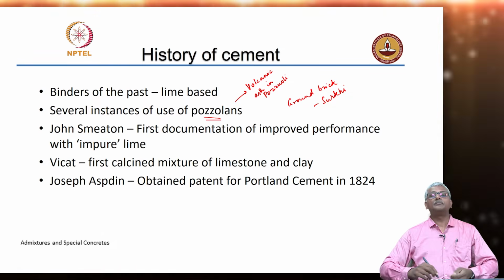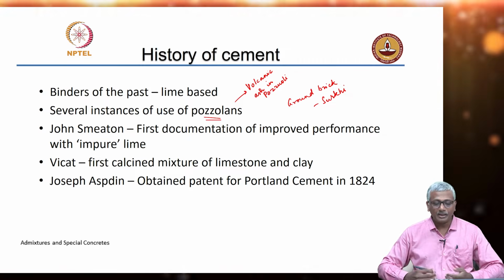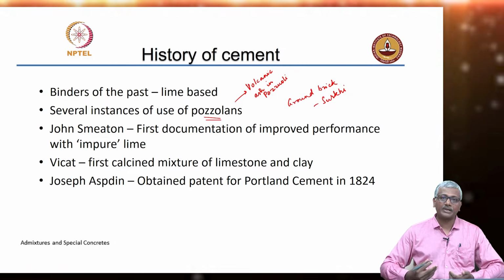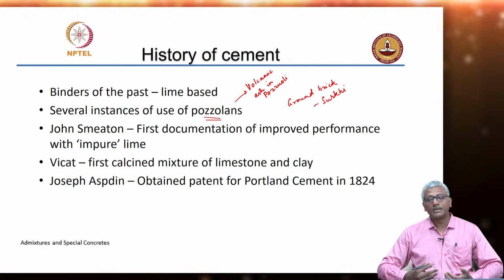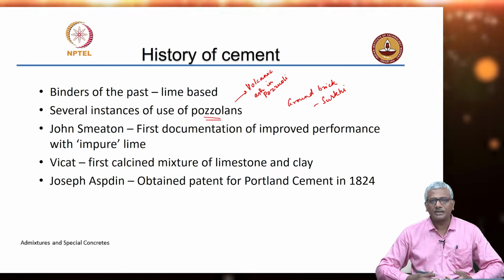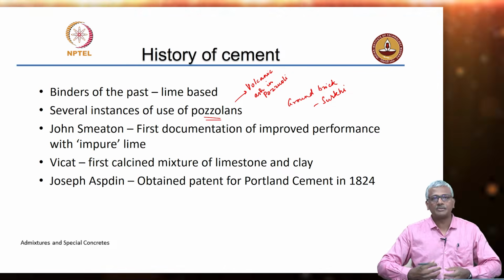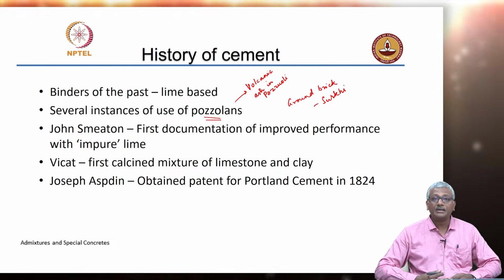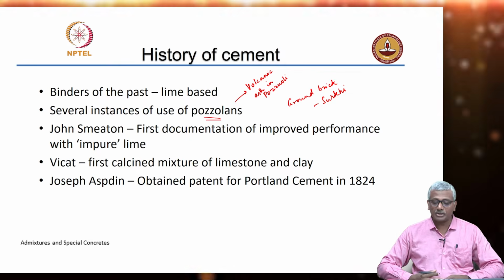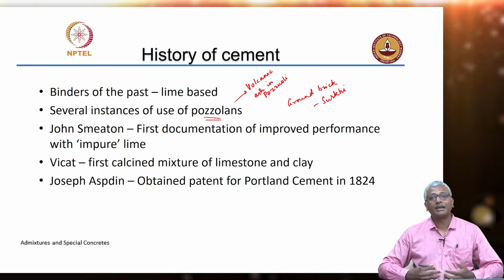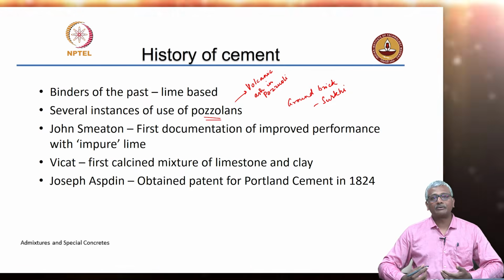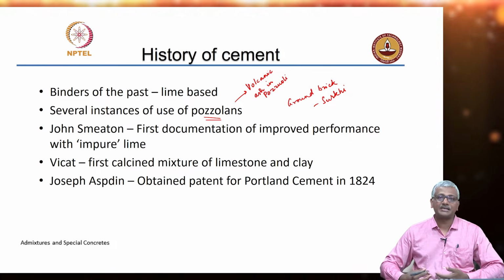So pozzolans started getting used in lime mortar, and then later, of course, people started looking at how we can produce a better quality of lime by somehow incorporating some of these impurities. For instance, John Smeaton had the first documentation of improved performance with impure lime. Impure lime implying the lime that contained a significant proportion of clays as an impurity.